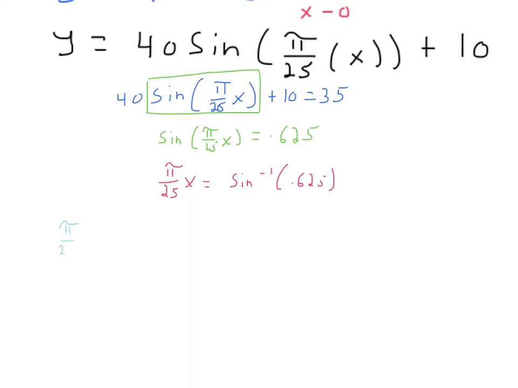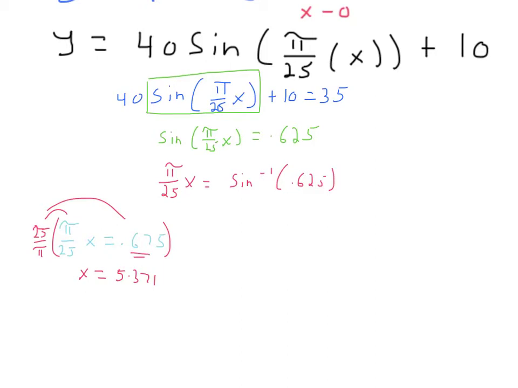So 2 pi over 25 x is equal to, well, our calculator tells us that this is 0.675. Sorry, I have a feeling I skipped ahead in my notes. Now, let's get x by itself. So we'll multiply both sides by 25 over 2 pi, and x is equal to 5.371.